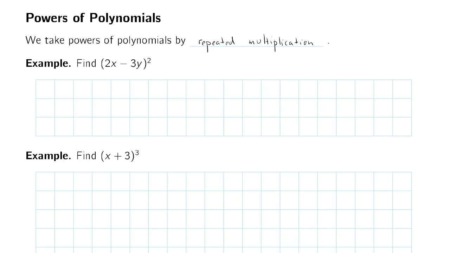So if we want to take 2x minus 3y squared, we can understand that as 2x minus 3y times another 2x minus 3y. Right, second power, so we have 2 copies.